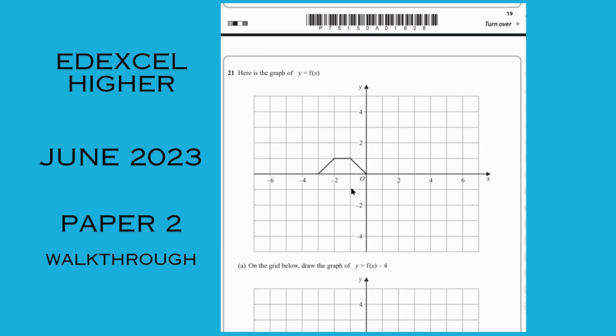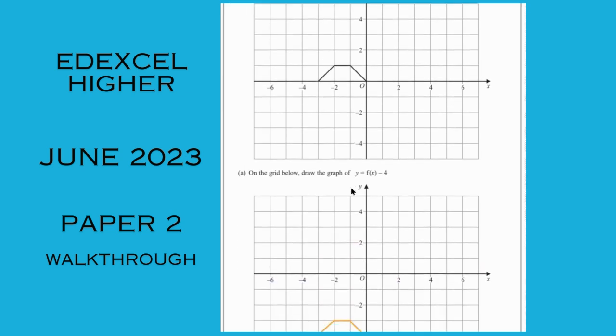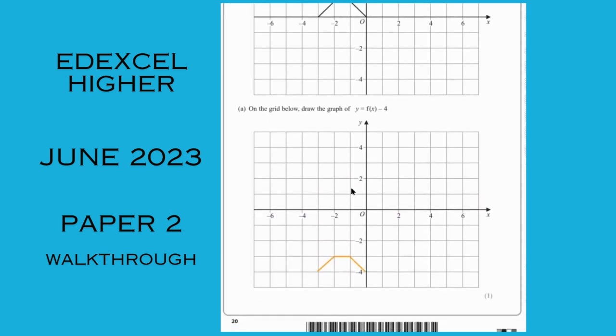Number 21, I've cheated, drawn it already, but that's so I can explain things. Only worth 1 mark. So as soon as you have a -4 on the end of a graph, that means move it down 4 units. So pick your key coordinates and move them all down 4.